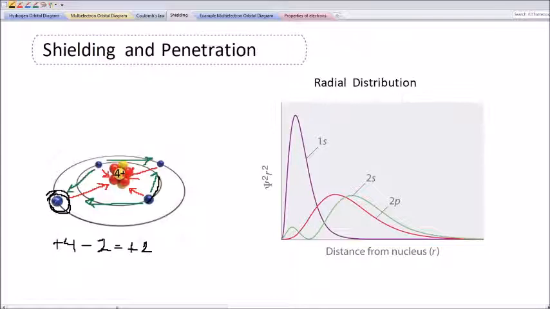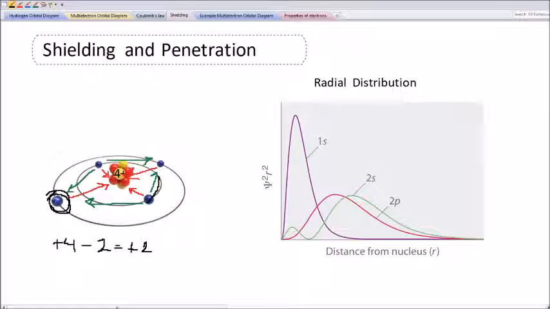If we look at this radial distribution graph here, where the x-axis is the distance from the nucleus, and on the y-axis we have the radial distribution function. So what that is, is the probability of where the electron will be relative to its position from the nucleus.